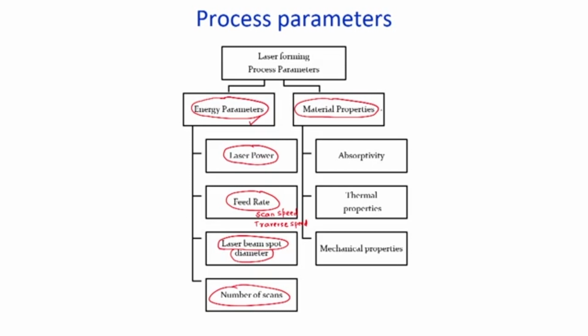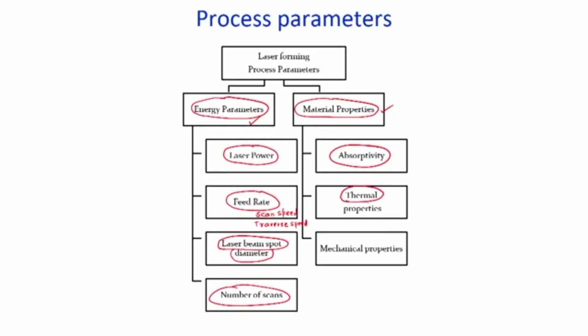As far as material properties are concerned, the absorptivity is very essential to take into consideration when we develop the laser based forming system or when we compute the laser based forming angles during the deformation process.